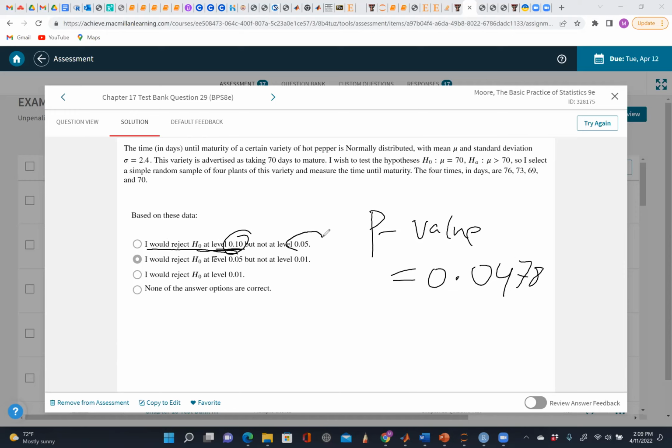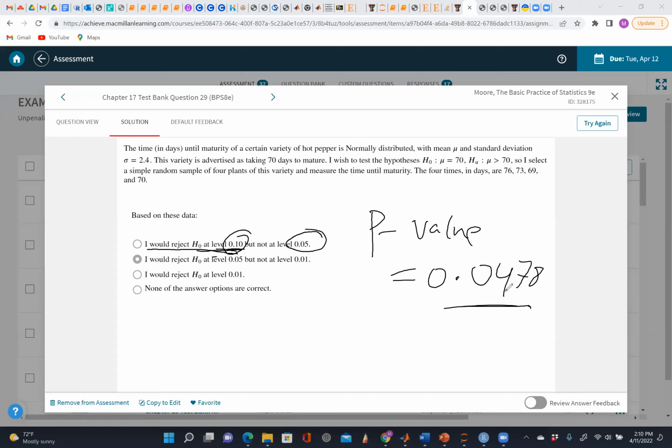I would also reject at alpha 0.05, because 0.0478 is still less than alpha. So actually we should reject at both alpha values. But the option says reject at 0.1 but not at 0.05, which is not correct.